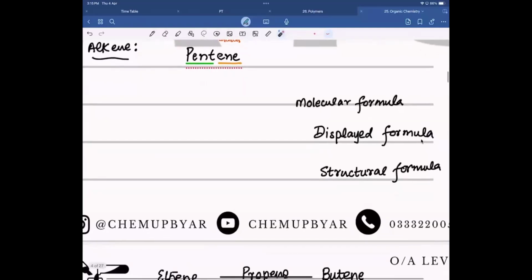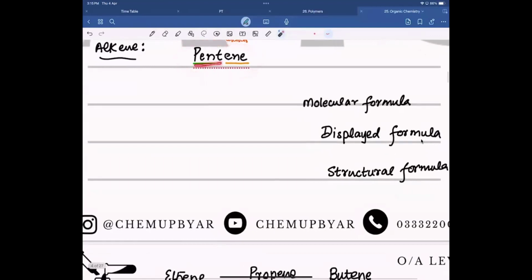Okay, so if you look over here, now we are going to see the structures for alkenes. So we have pentene. There are two parts of the name, pent and ene. From ene, we can conclude two things. One, if it's an ene, it means that there is a carbon-carbon double bond.